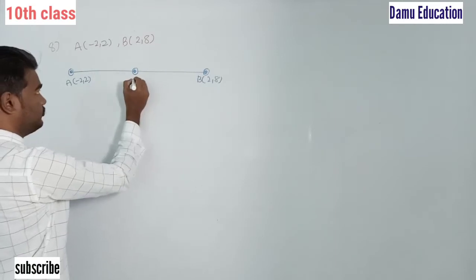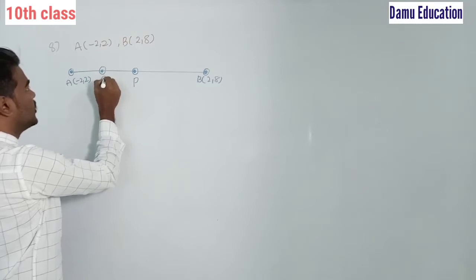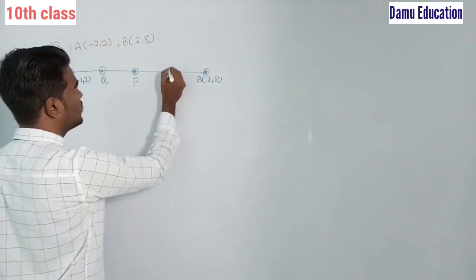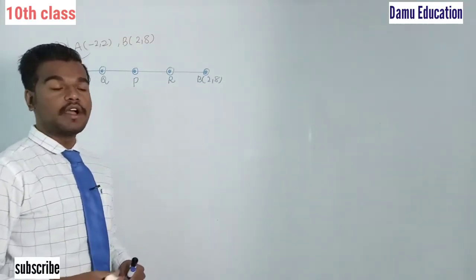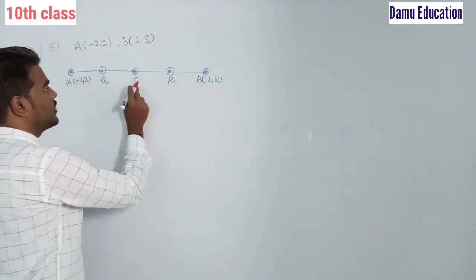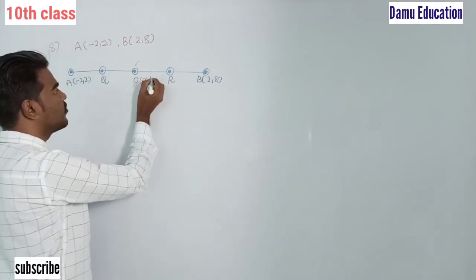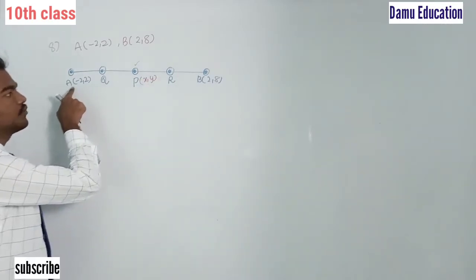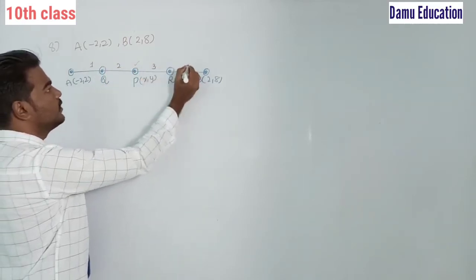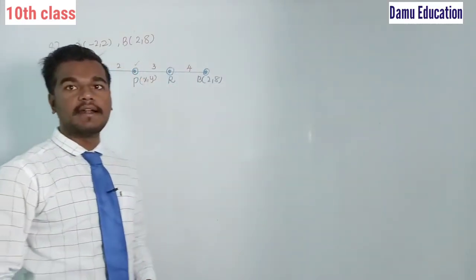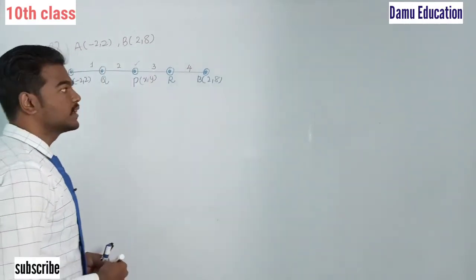Let's call it P, and the midpoint of AP, let's call it Q, and this is R. Here the midpoint of A and B will be equal to P. First we are going to calculate this point, P of x comma y, and the midpoint of A and P is Q. So here how many parts? 1, 2, 3, 4. AB is divided into four equal parts.